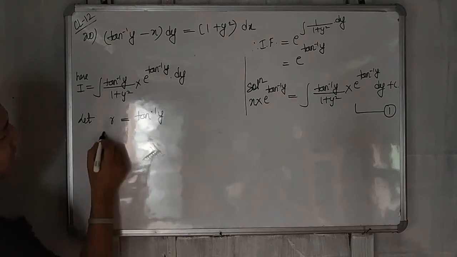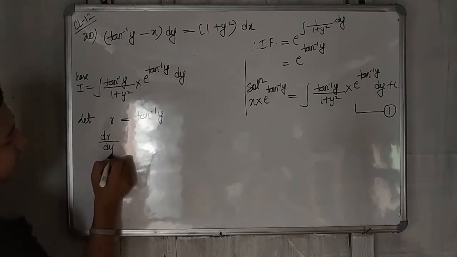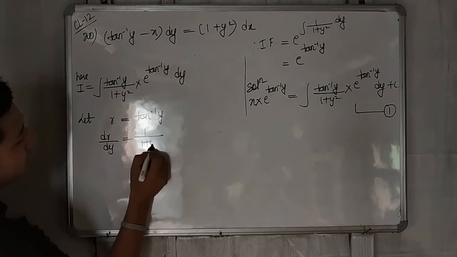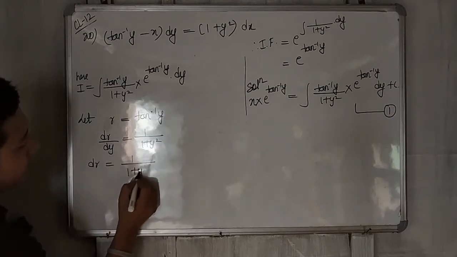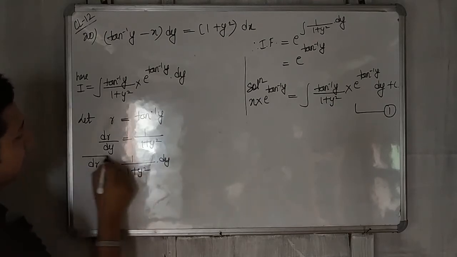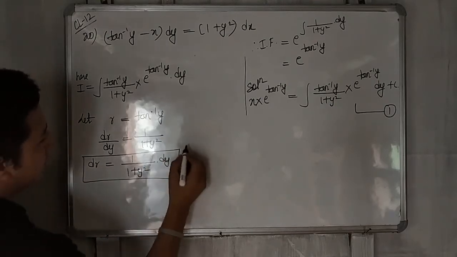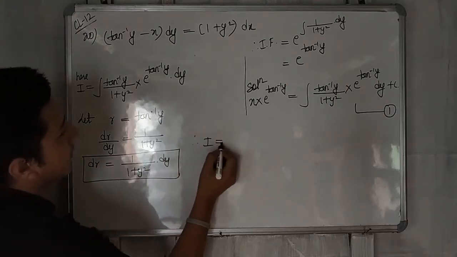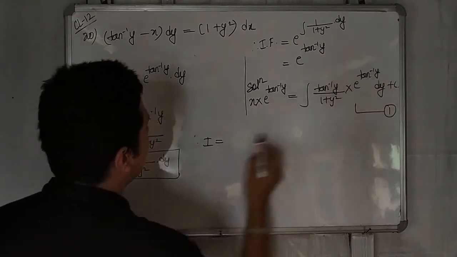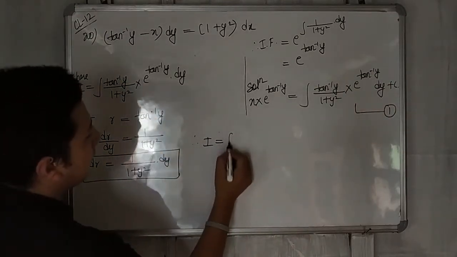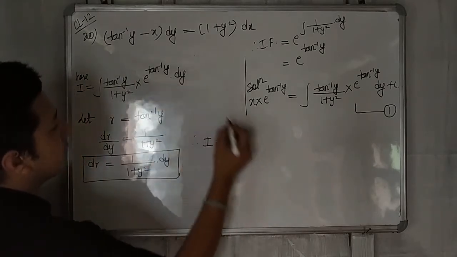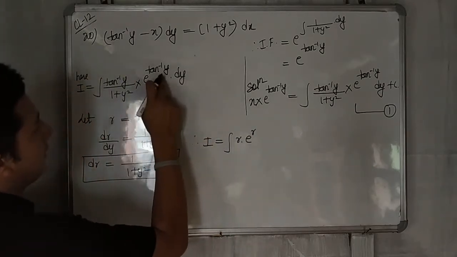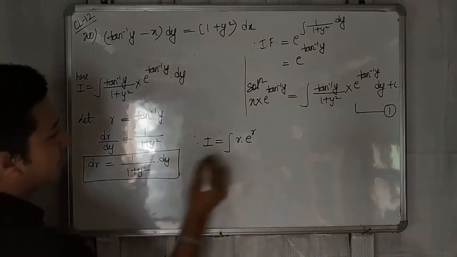So if r equals tan inverse y, dr by dy will be 1 by (1 plus y square) and dr will be 1 by (1 plus y square) into dy. Okay, substitutions. Therefore, I have taken this whole integral as I. Now I will be, tan inverse y is r, into e to the power r, and dy by (1 plus y square) will be dr.